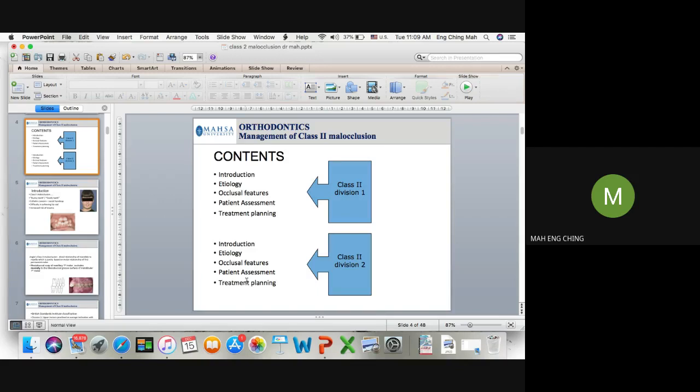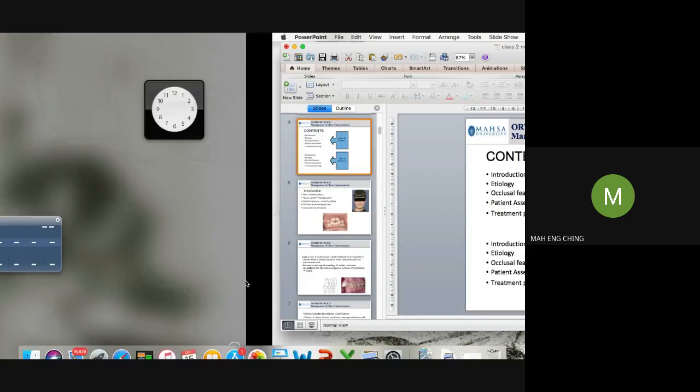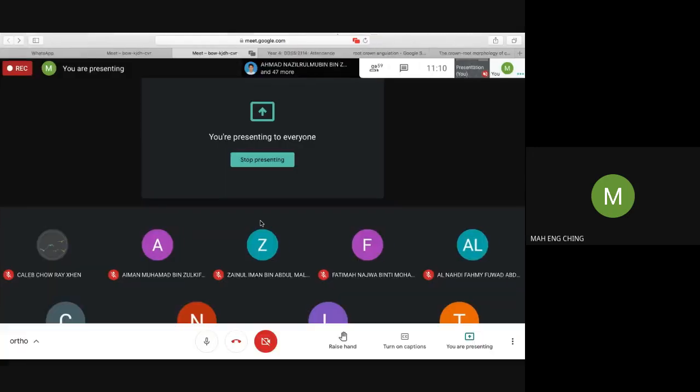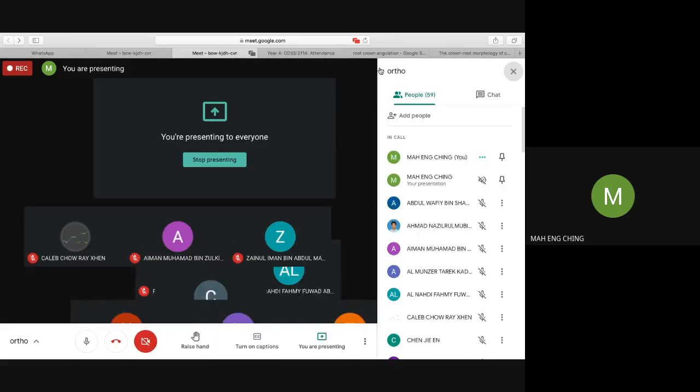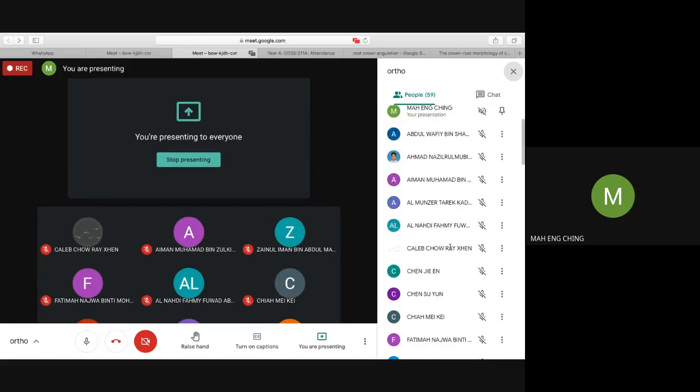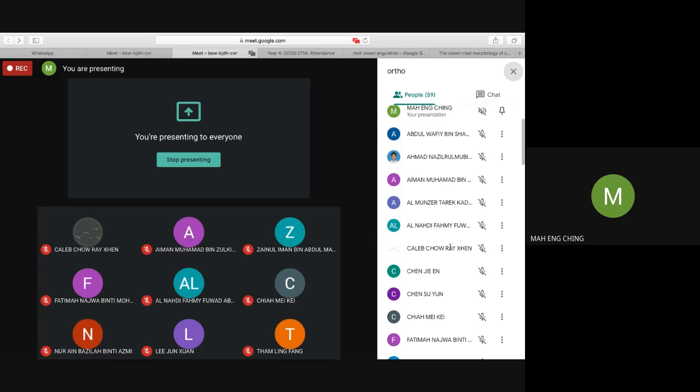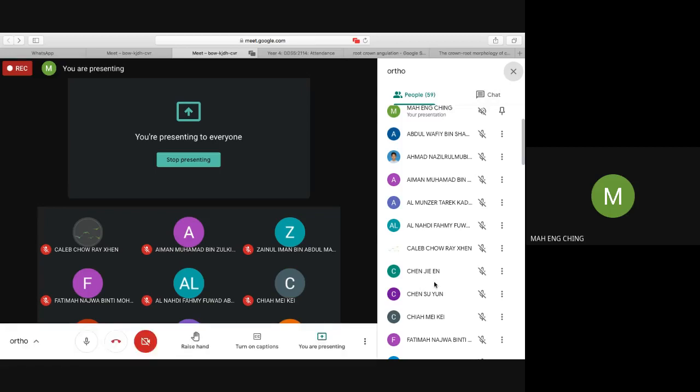Then how about the occlusal features of this class 2 division 2? So maybe we ask, okay. How about Chen Jie-en? Hello, doctor. Okay.